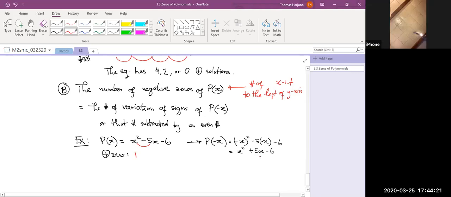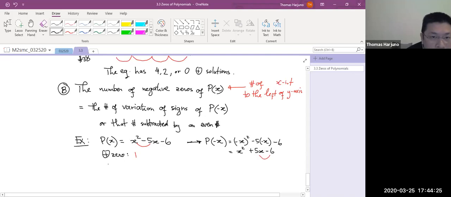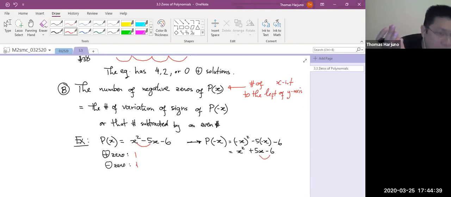The sign changes only one time, right? So the number of negative zeros will also be only 1, right? So we have one positive zero and one negative zero, which implies we have one x-intercept on the right-hand side of the y-axis and another x-intercept on the left-hand side of the y-axis.